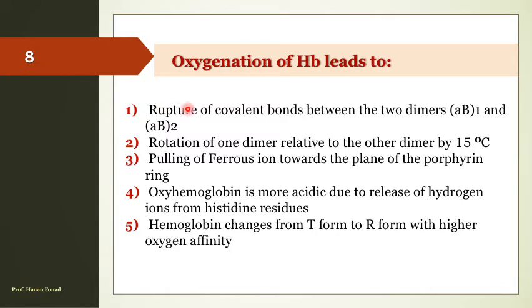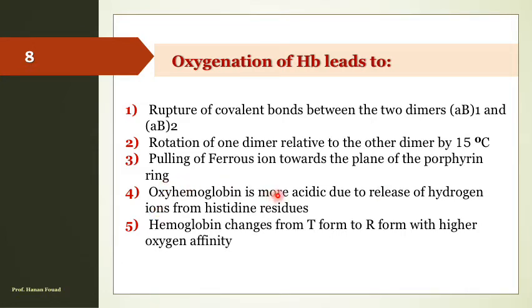Oxygen ruptures the bonds between the two dimers, alpha beta 1 and alpha beta 2, with rotation of one dimer relative to the other by 15 degrees. It pulls the ferrous ion toward the plane of the porphyrin ring, and breaking and rupture of the bonds is due to the release of the hydrogen ion or proton.